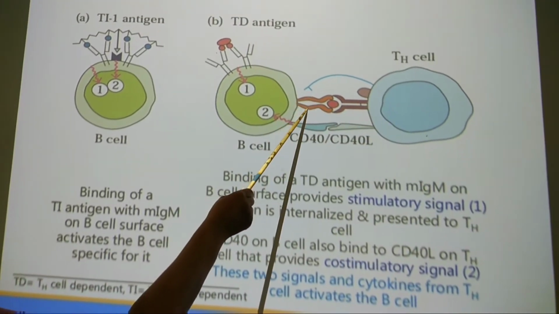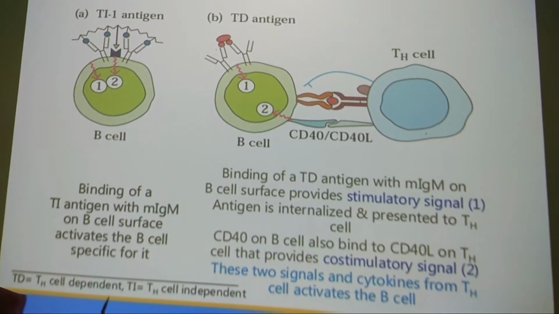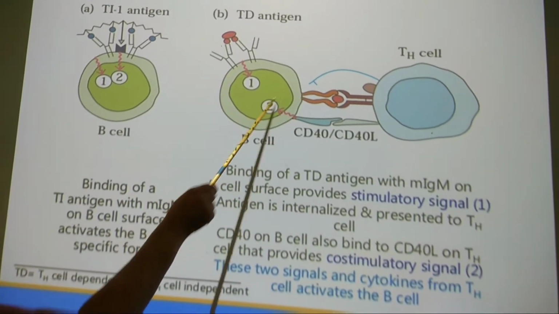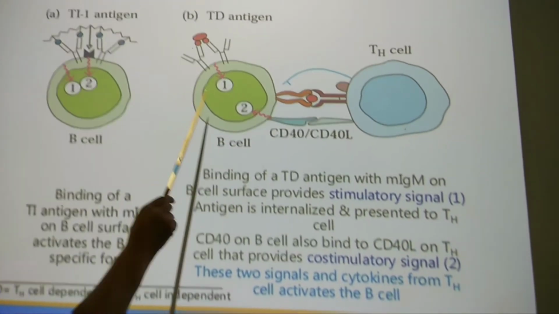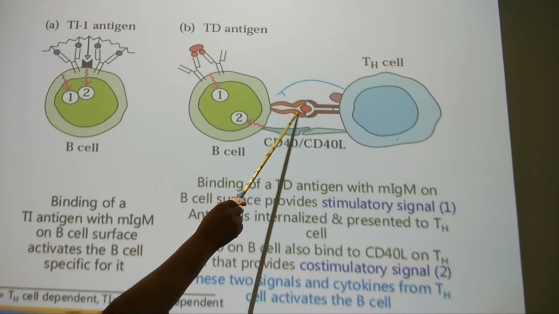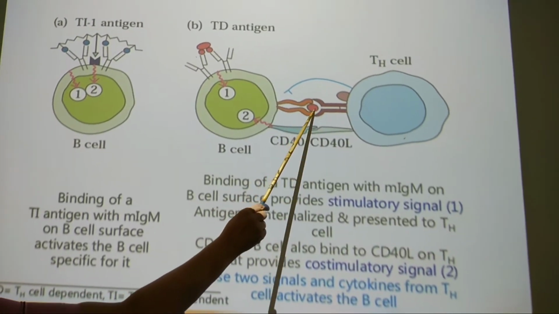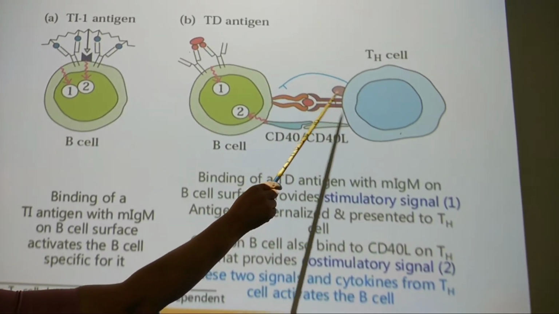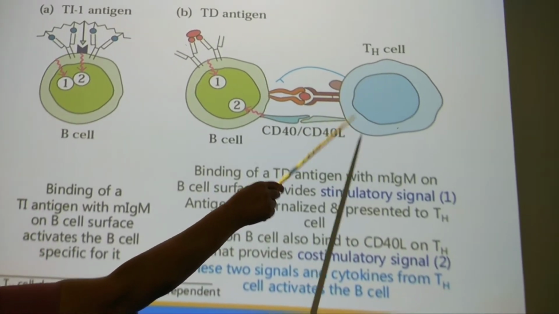See, this is the class 2 MHC molecule, since this is the T helper cell, and the professional APCs express class 2 MHC molecules. The processed antigen is presented along with the class 2 MHC molecule, and this interaction will provide the signal required for the activation of T helper cells.